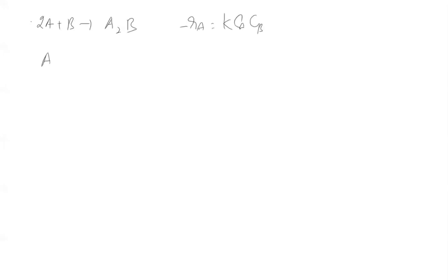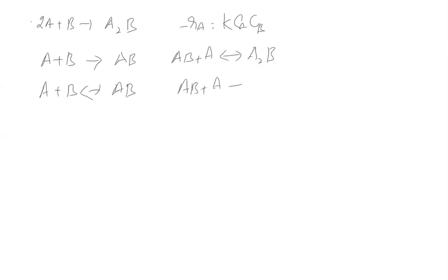So the first one is A plus B gives AB, plus A gives A2B. This is one thing: A plus B reversible AB, plus A gives A2B.